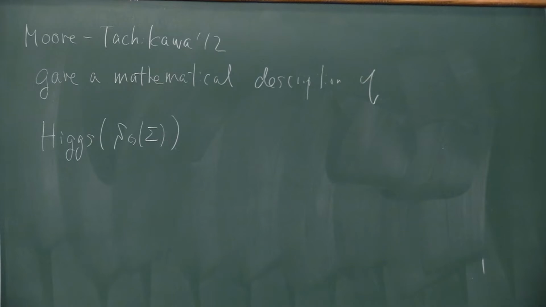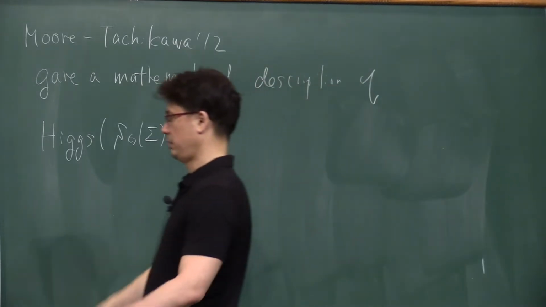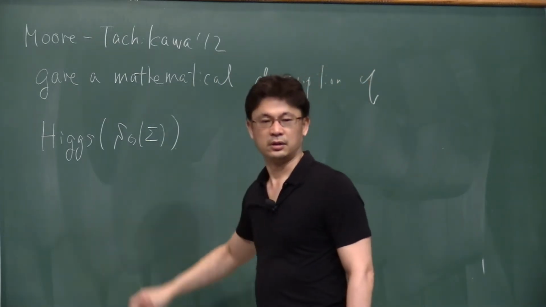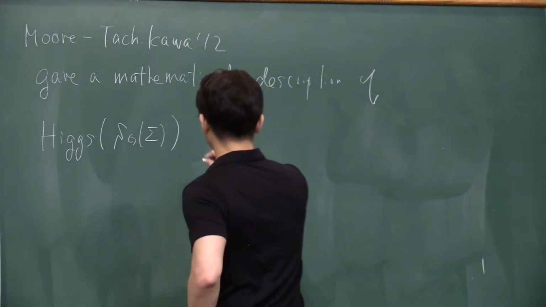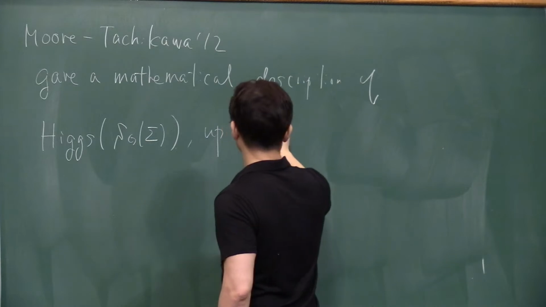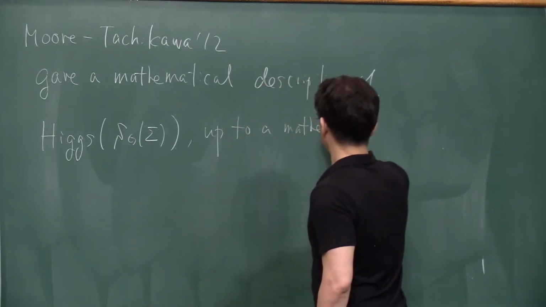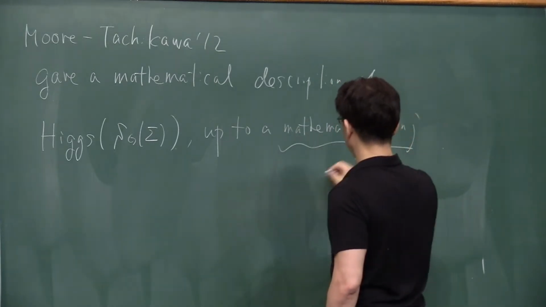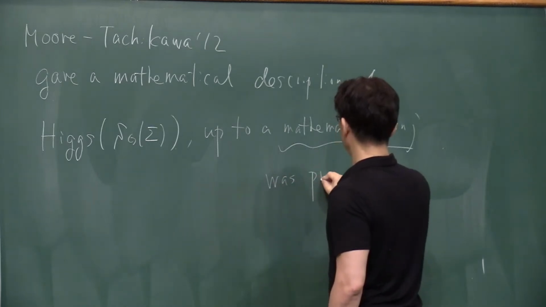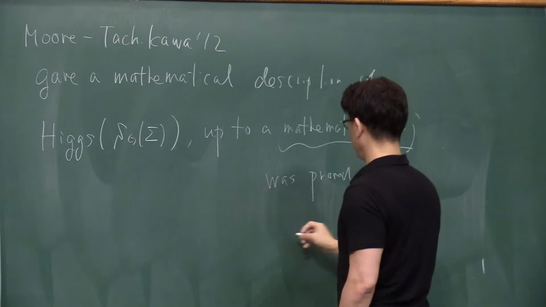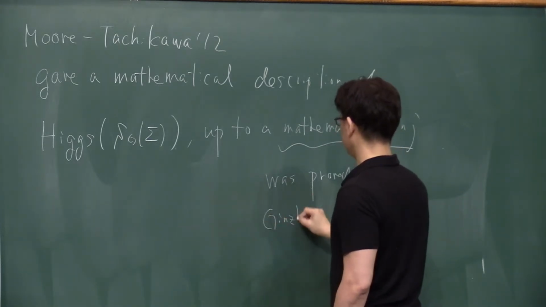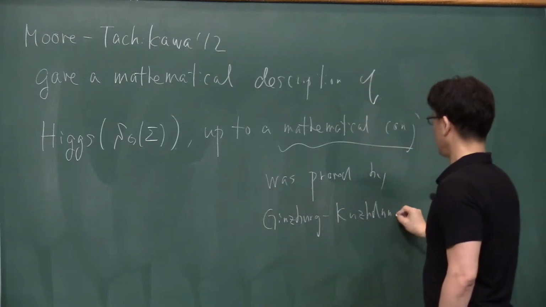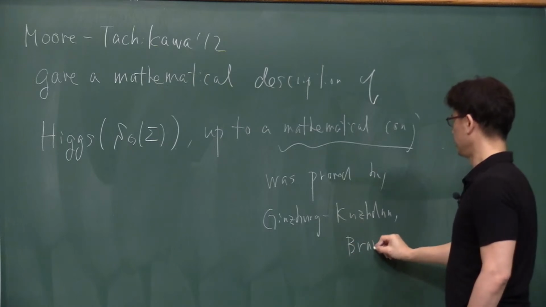So you cannot define the theory mathematically, but you can still define Higgs branches. That's what they did, up to a mathematical conjecture. But this conjecture was proved by Ginzburg and Kazhdan, and Braverman, Finkelberg, Nakajima.